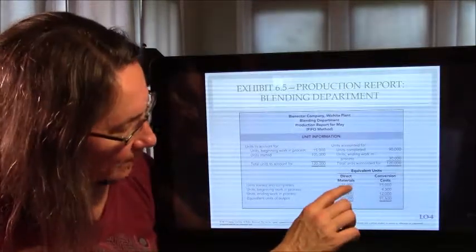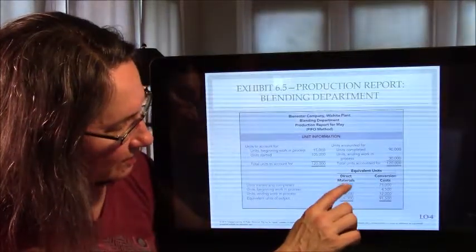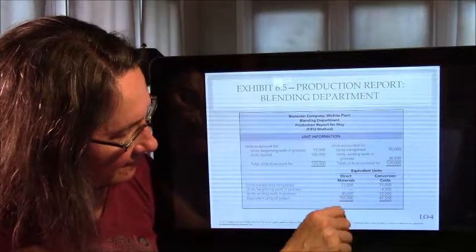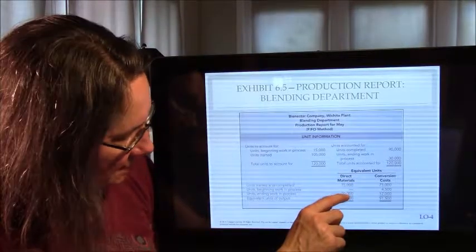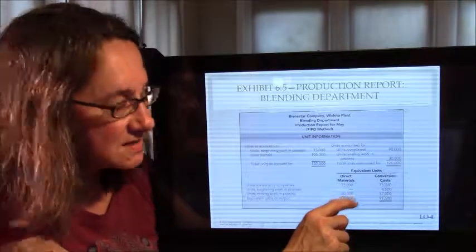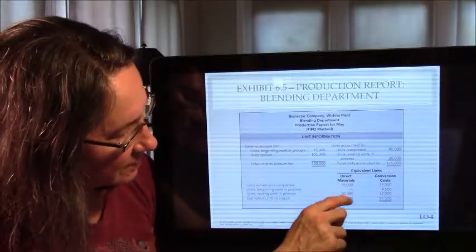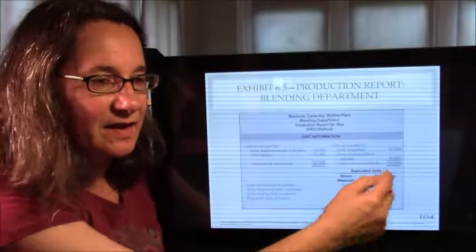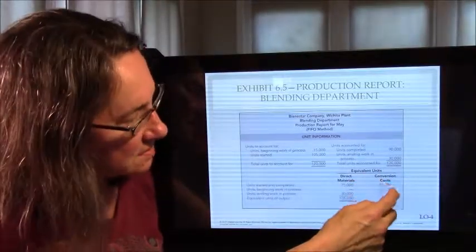All right, but we had units started and completed, so that's 75,000, and units in work in process. Here's the direct material equivalent units, and then here's your conversion costs.